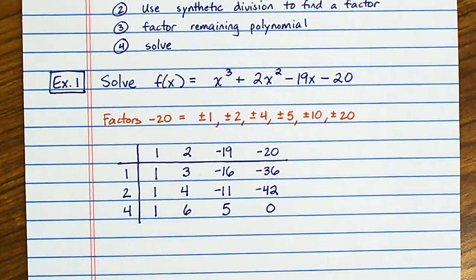And there we have it. So we found our first factor using the rational zero theorem and synthetic division.